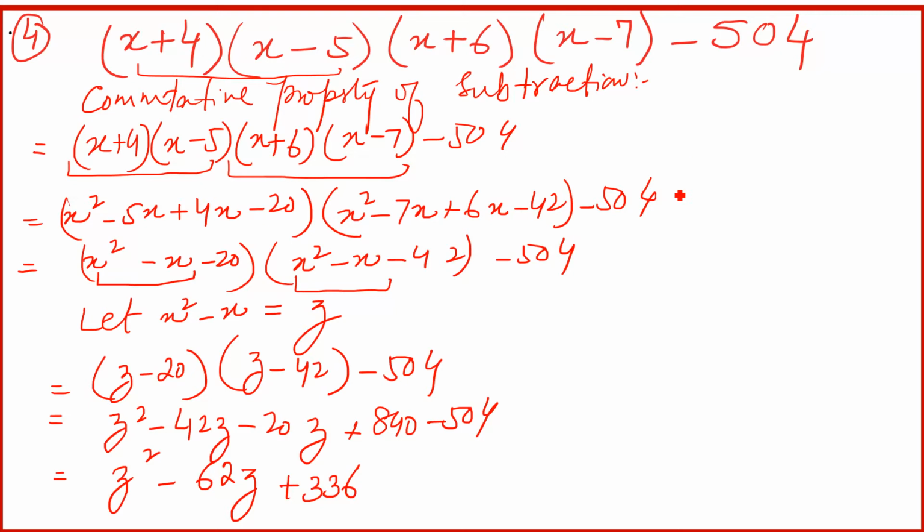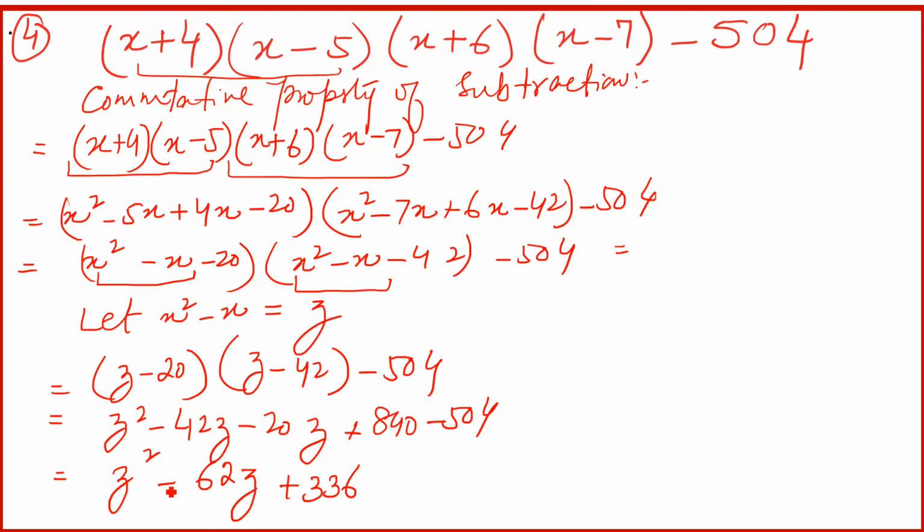So I will write this down here again, but you have to continue on your copies, because I do not have room. That is why I am writing here. z² − 62z + 336.